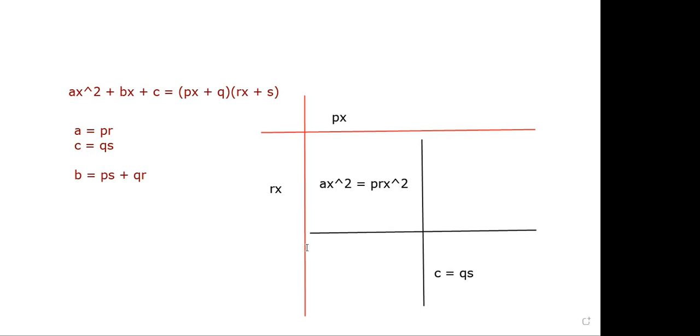But if A is something like 12, then there are a lot more possibilities, and you have to check each possibility. Similarly, if C is QS, then one of these two has to be Q, and the other needs to be S.